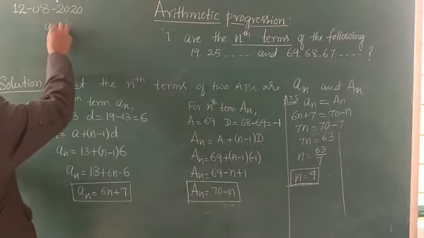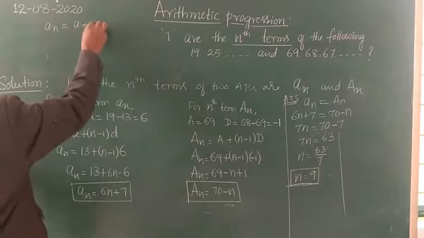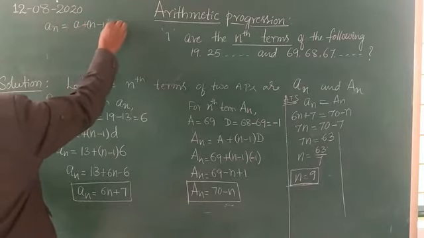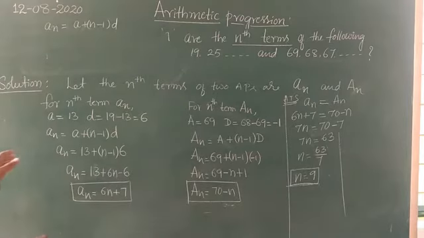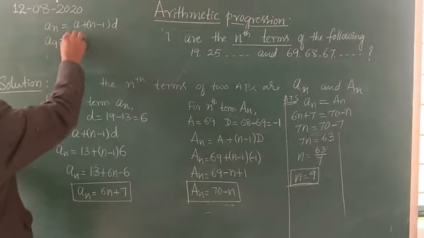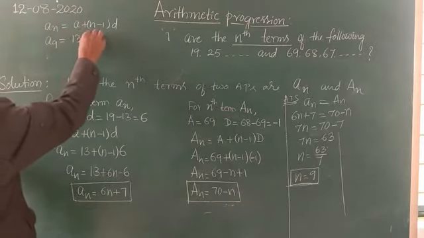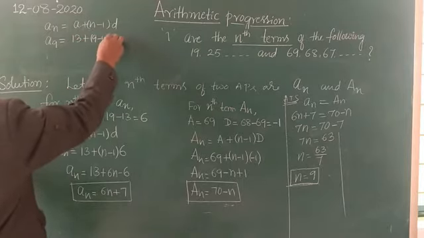an is equal to a plus n minus 1 into d. Okay, so which term of this, the ninth term of both? a 9 is equal to a, which is 13, plus n is 9 minus 1 and d is 6.